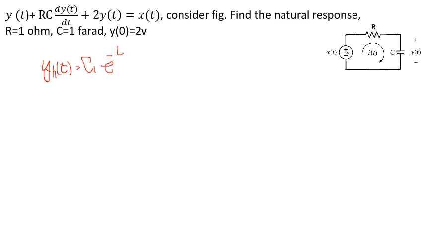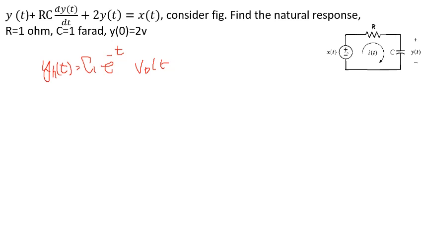You understand we have replaced the values of c1 and r1 so that the expression results into this, and you understand the output y of t is basically voltage, so y h t is also voltage.